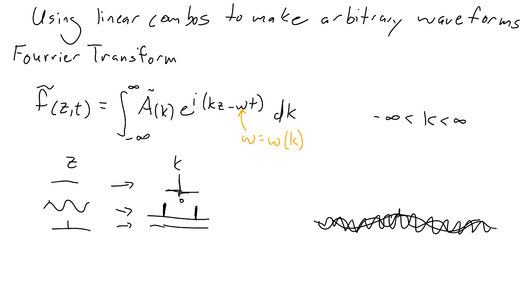So just very, very generally, that relationship between lambda, our wavelength in z, and k, our spatial frequency, the wave number, is something that is broad spatially will have a narrow spread of wave numbers.